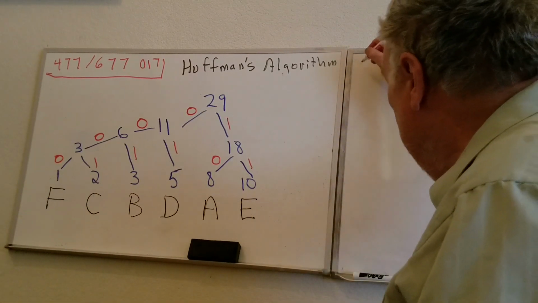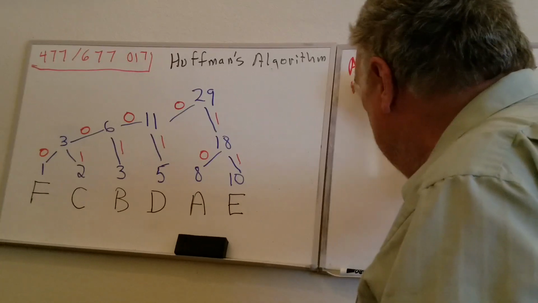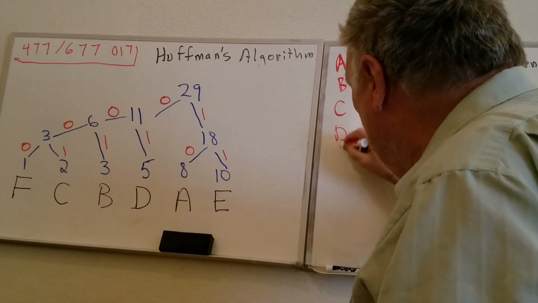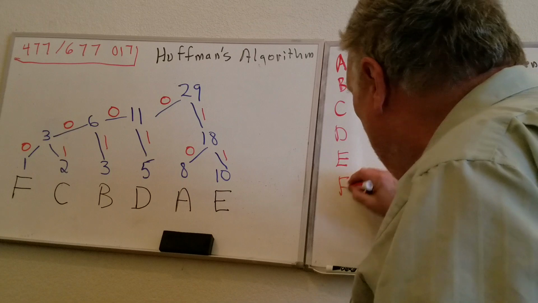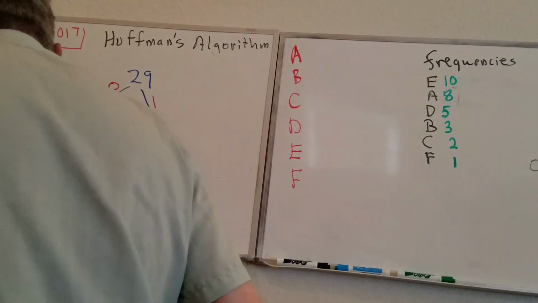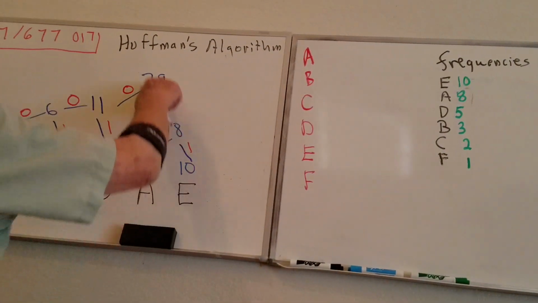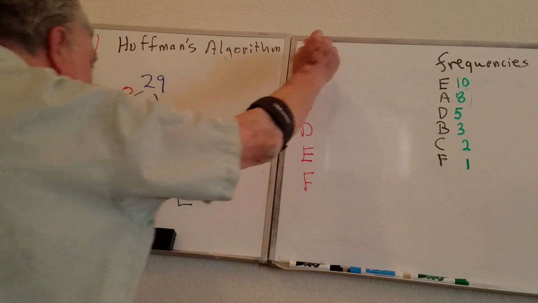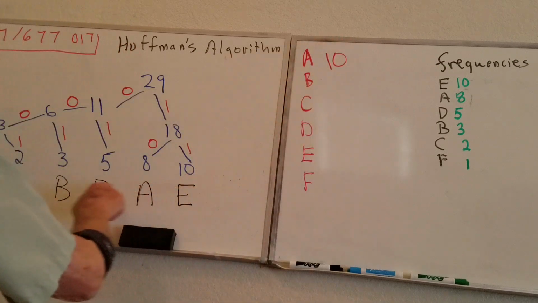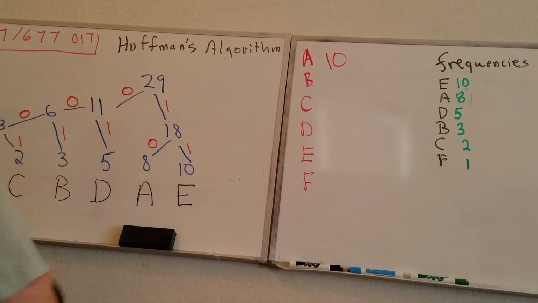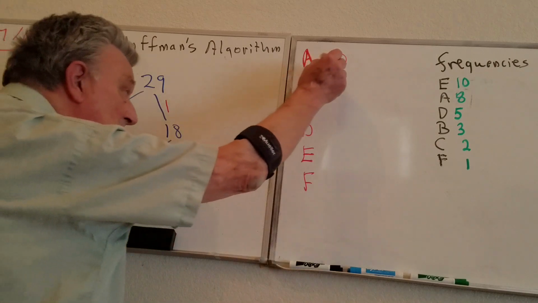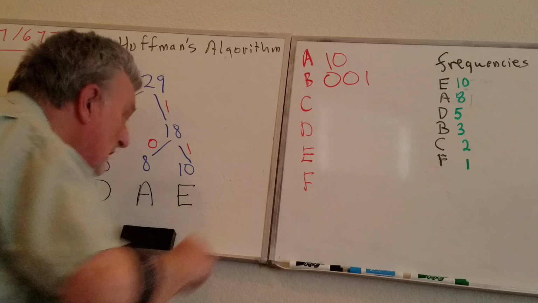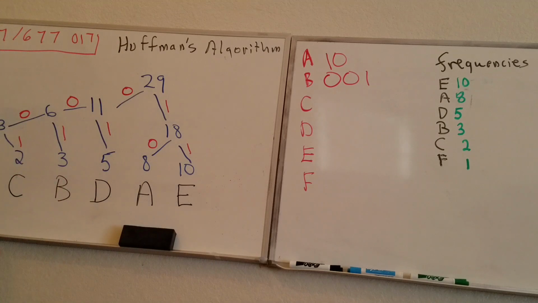So if we then write down what the code strings for these letters are, for each letter, we start at the root and follow down. So A is 1, 0. B is 0, 0, 1. C would be 0, 0, 0, 1.